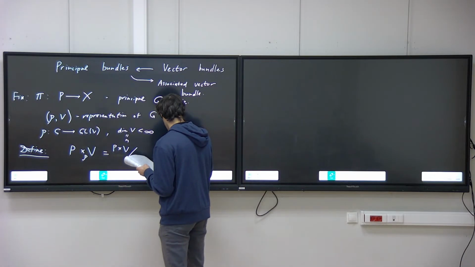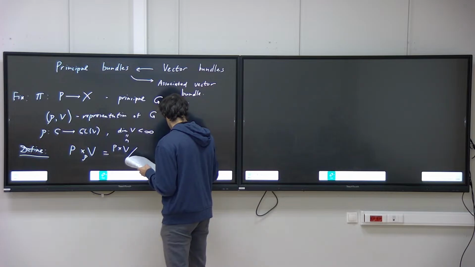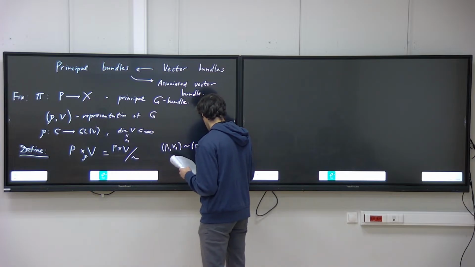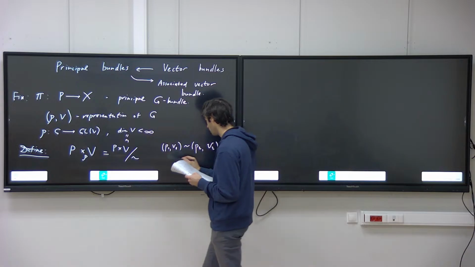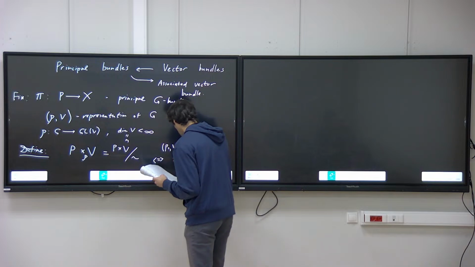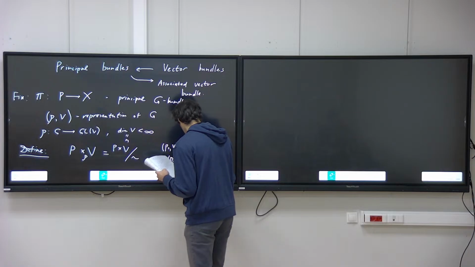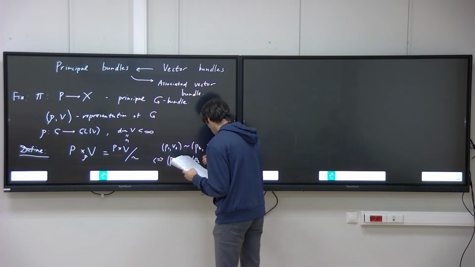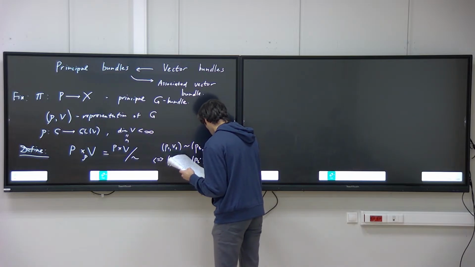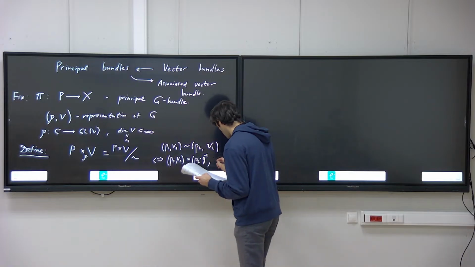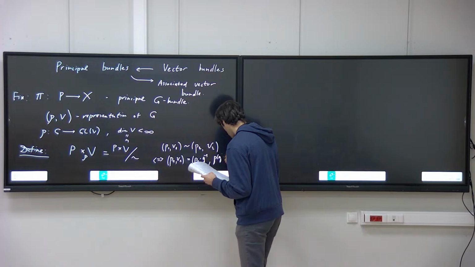A pair (P1, V1) is equivalent to another pair (P2, V2) if and only if we can write (P1, V1) as (P2 · g inverse, rho of g V2).